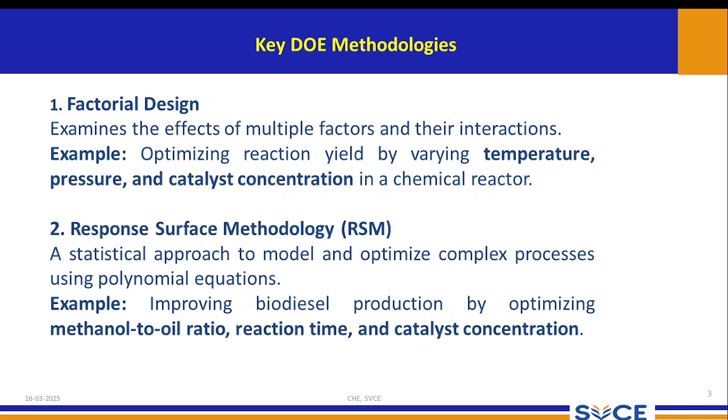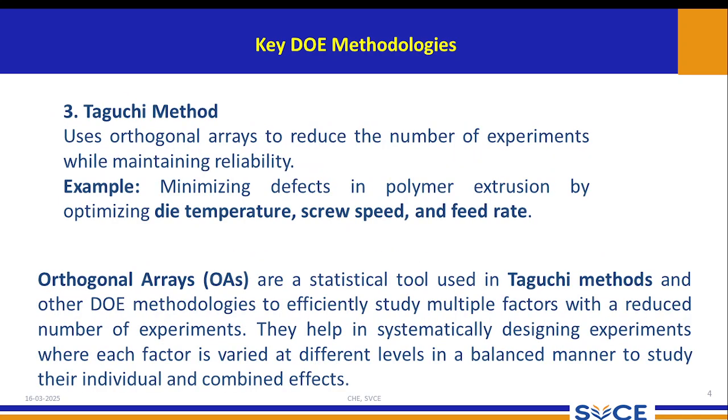RSM is a statistical approach to model and optimize complex processes using polynomial equations. A very good example is improving biodiesel production by optimizing the methanol to oil ratio, reaction yield, and concentration. To optimize complex processes using polynomial equations, response surface methodology is the best method.